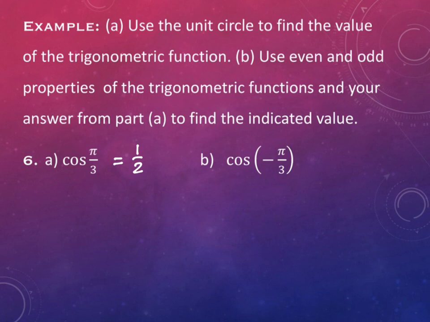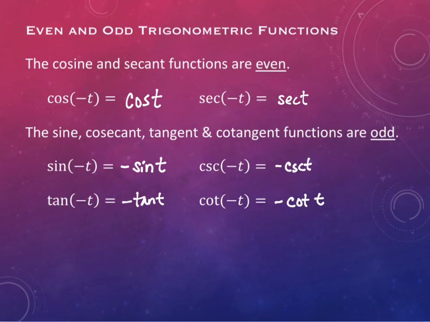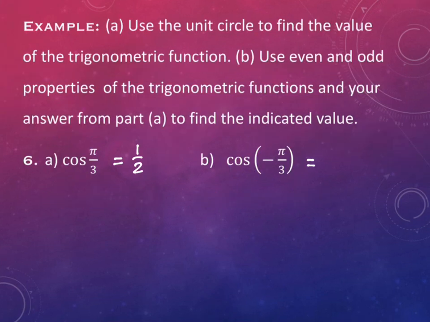But because I have even and odd identities, what this actually allows me to say is, cosine is one of those top ones. It's even. And when I have a negative inside of a cosine, it's irrelevant. It doesn't matter. I'll look at the unit circle with you to justify why that's the case in a second. But this is exactly the same as just cosine of pi over 3.